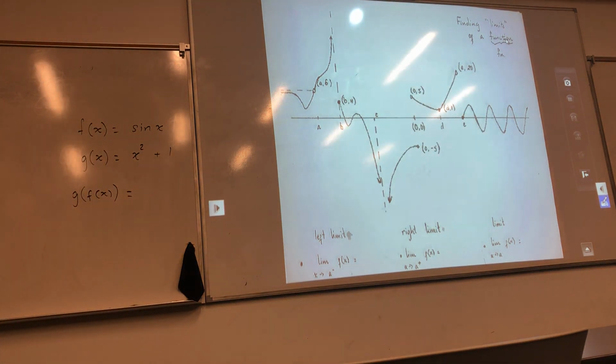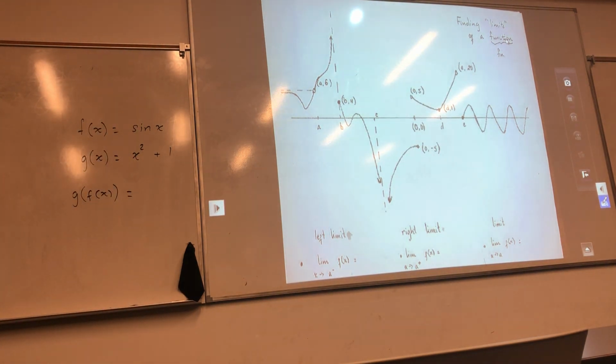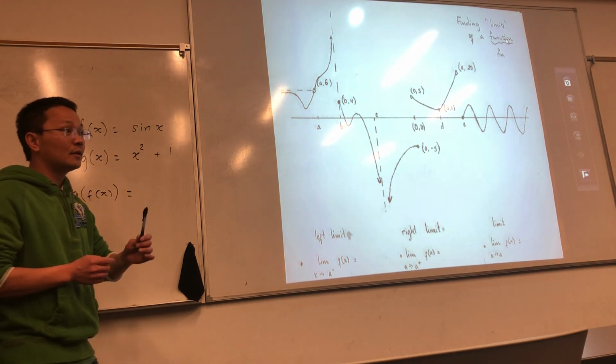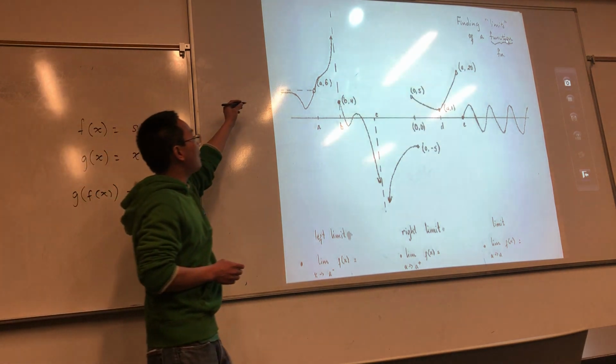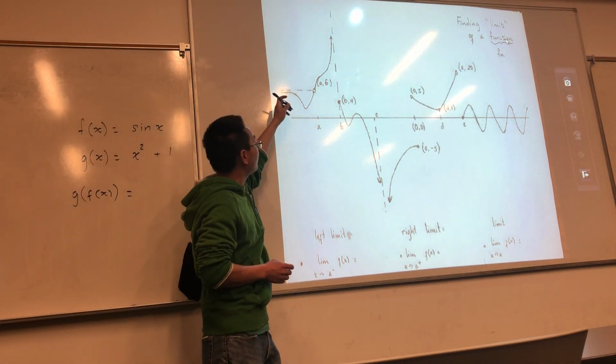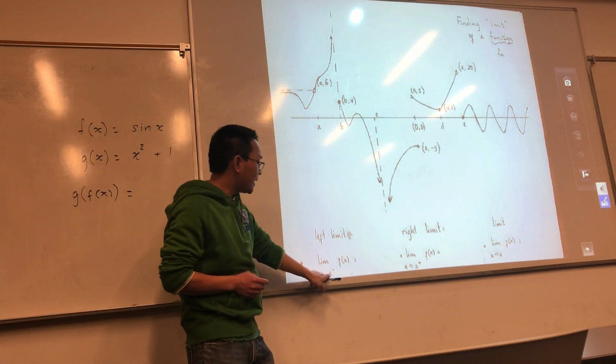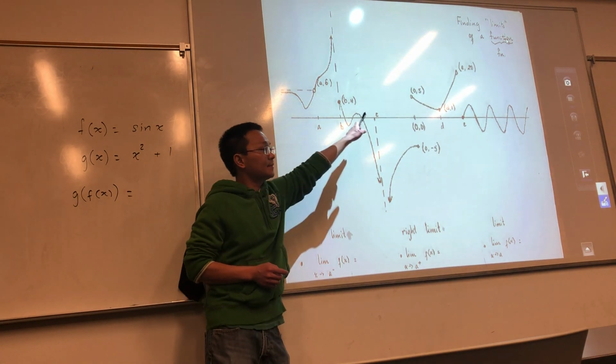So how do we do this? You take your pen and you get on the graph of the function. Let's look for A. This A will be on the x-axis.